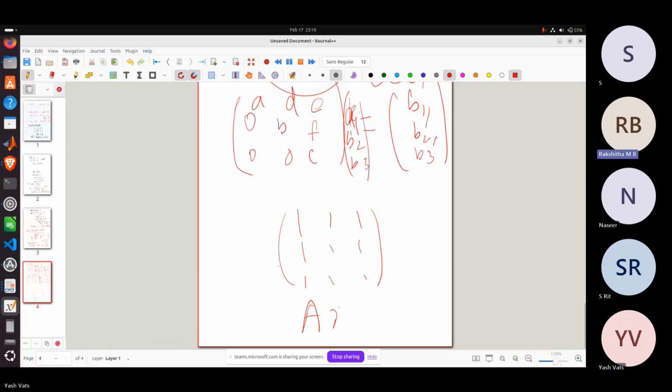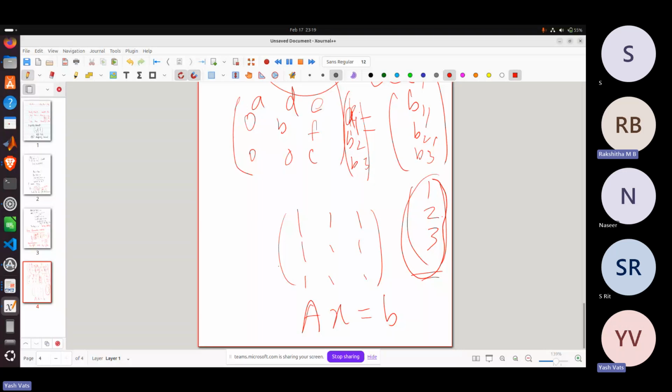Here b is just 1, 2, 3. Yes, so this is a non-homogeneous system, and it should also go through the same operations as your matrix A. So if you apply any matrix operation on A, apply the same thing on B.